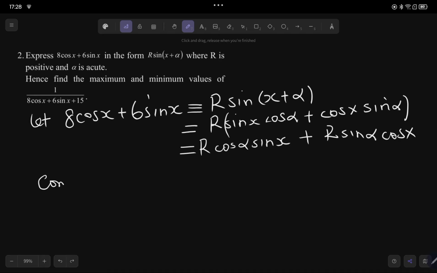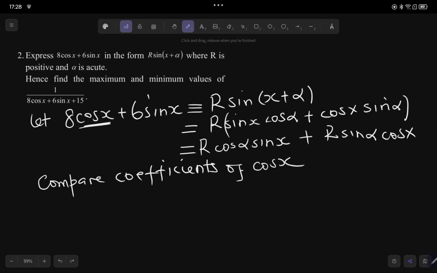Now we can compare coefficients of cos x. Because here we have cos x, here we have cos x. So the coefficients are r sin alpha is equal to 8. Equation 1.